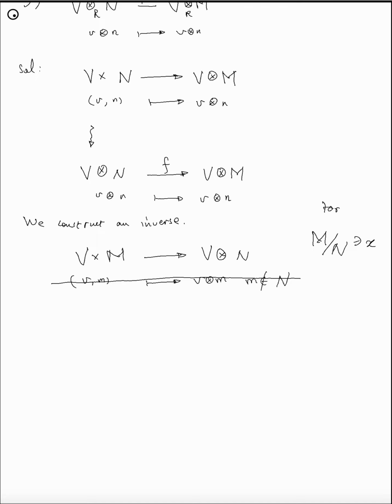Torsion means there exists some r such that it's 0, which means it's falling into n, right?